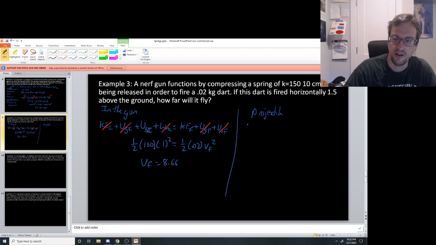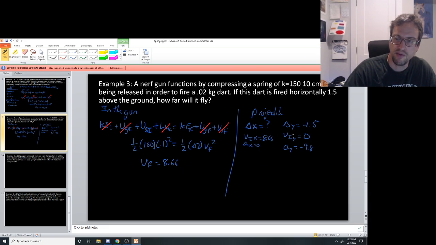In the projectile part, we've got change in x, which is what we're trying to find. Let's make that a little prettier here. Change in y equals negative 1.5. v initial y equals 0. a_y equals negative 9.8. a_x equals 0. v initial x equals 8.66.